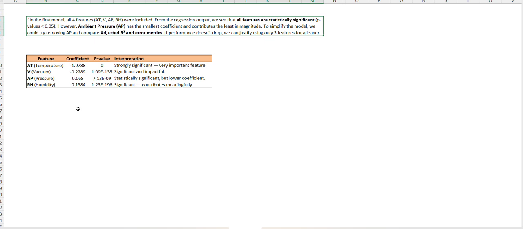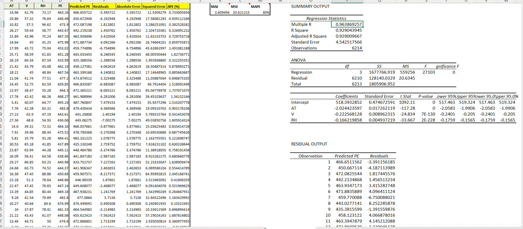All right, so what we did was create another training set wherein we removed the feature ambient pressure. AP is no more there, and we calculated all our data analysis based on only these three features and PE as our target.